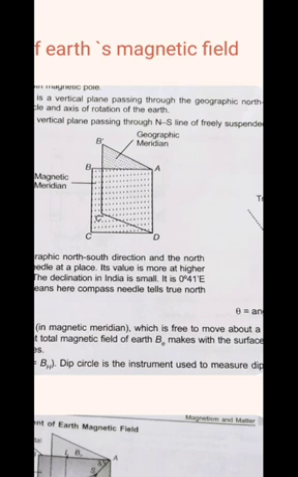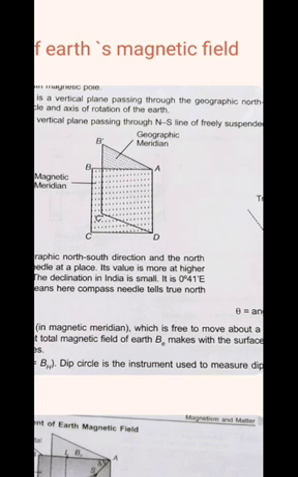The magnetic south and north are inclined to the geographic north-south. They are not in the same direction, and they are not exactly opposite either, but are inclined at some angle, around 11 degrees. If we draw a plane passing through the magnetic north and magnetic south, it is called the magnetic meridian.